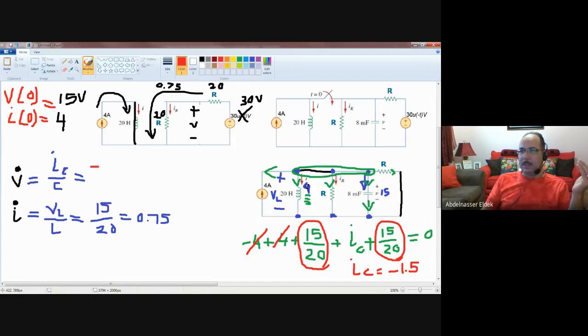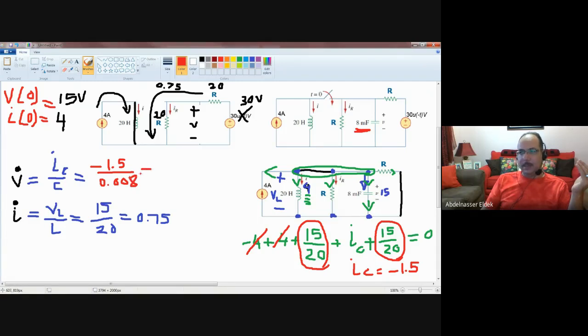So you just need to divide negative 1.5 ampere by whatever the value for C. C equal 8 millifarad. So it will be 0.008. This is 8 milli.